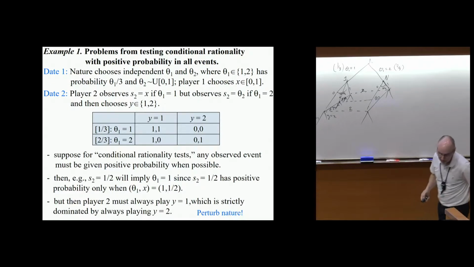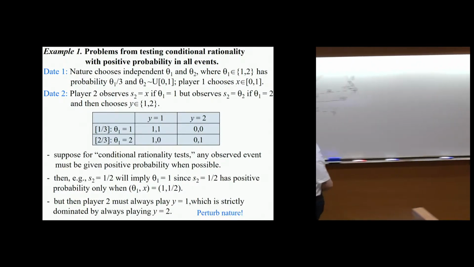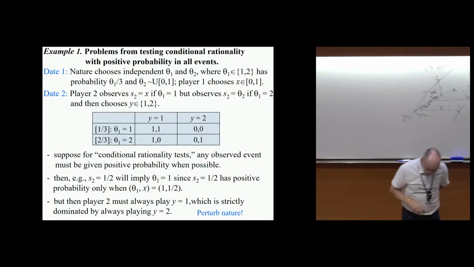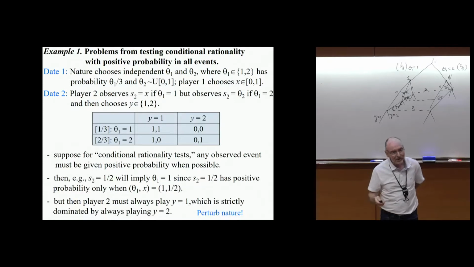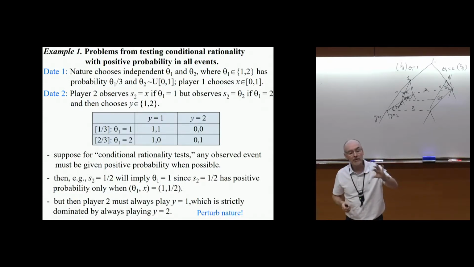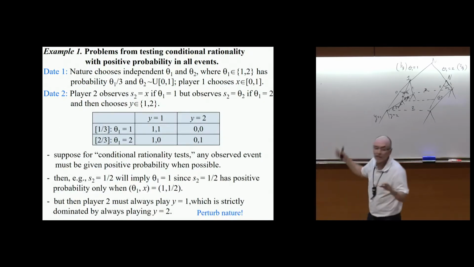So that's coming. In the finite games that Kreps and Wilson studied, they made sure, as you'll see when they wrote, that we're going to focus attention only on games where all of the finite states of nature happen with strictly positive probability. They avoided this problem. In that case, perturbing nature has no effect.